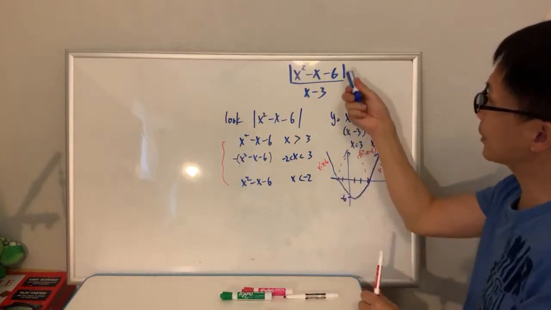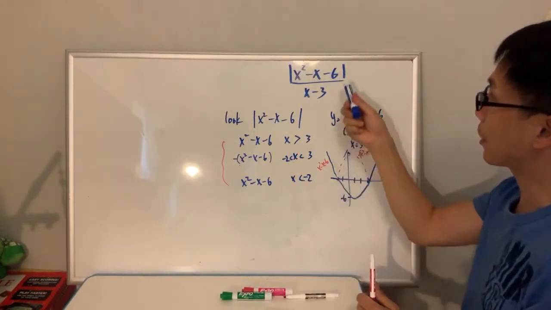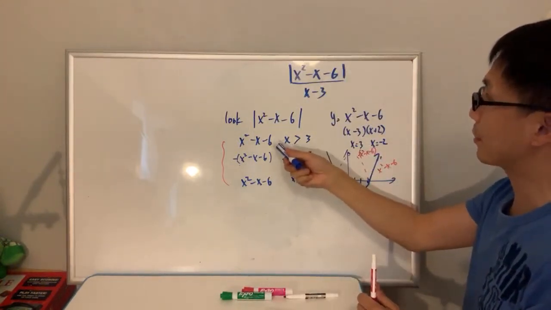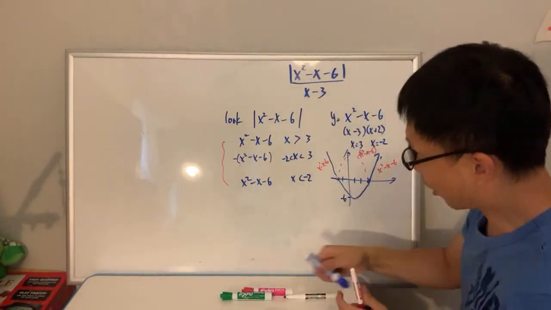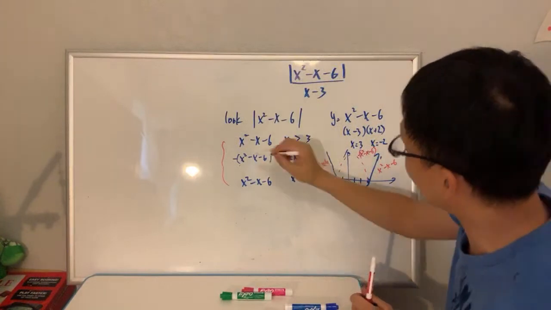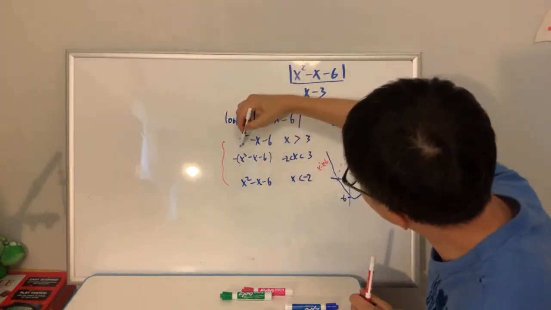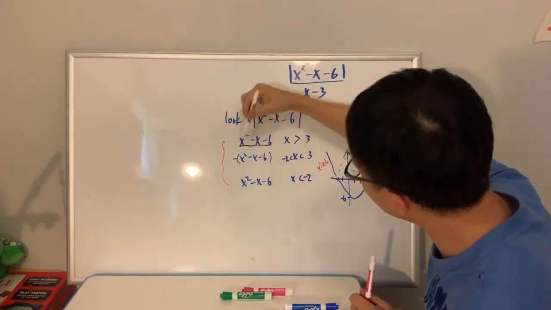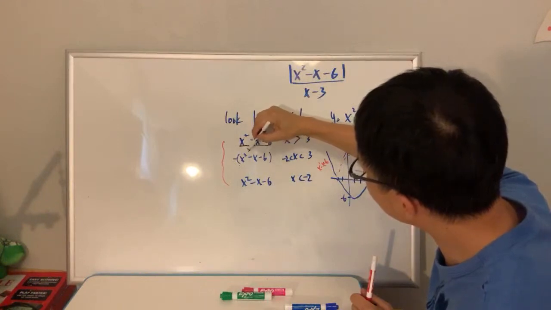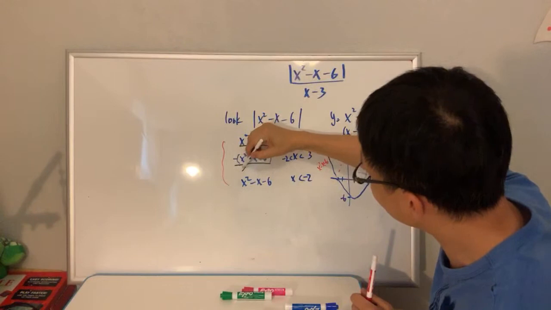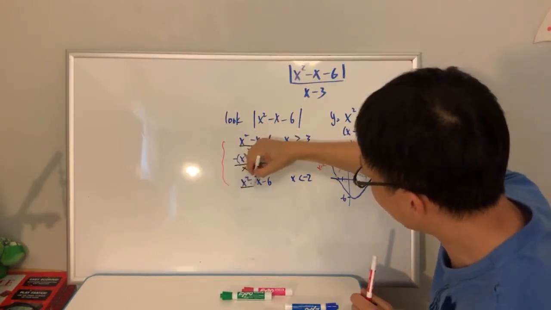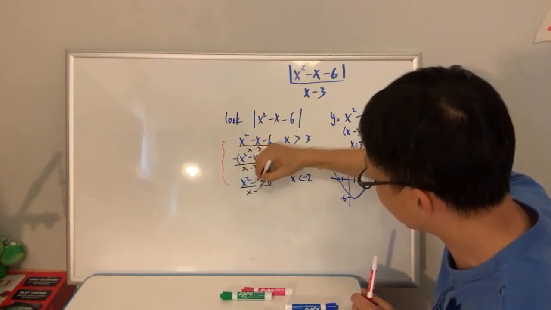But remember, this is the graph we're trying to graph, not the absolute value of this. So therefore, it's all over x minus 3. So this one is over x minus 3, and this is all over x minus 3, and this is all over x minus 3.